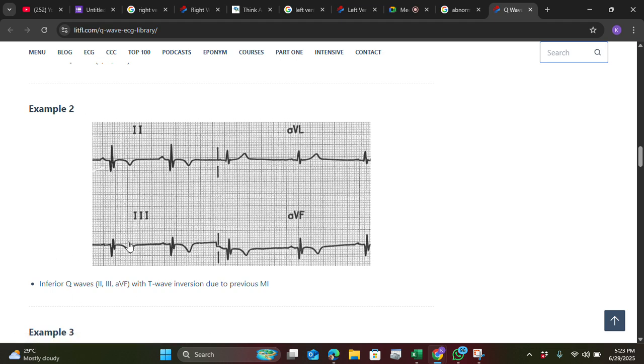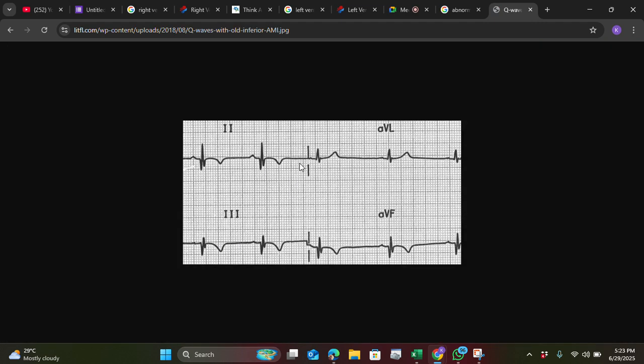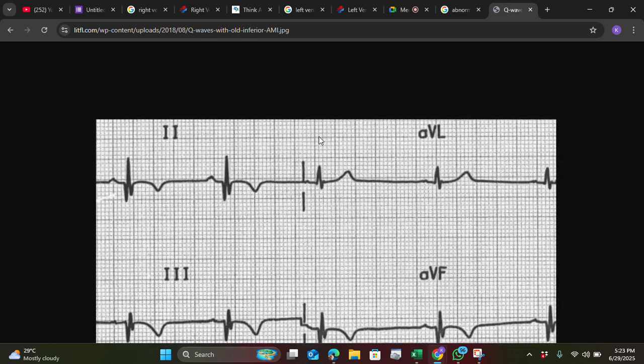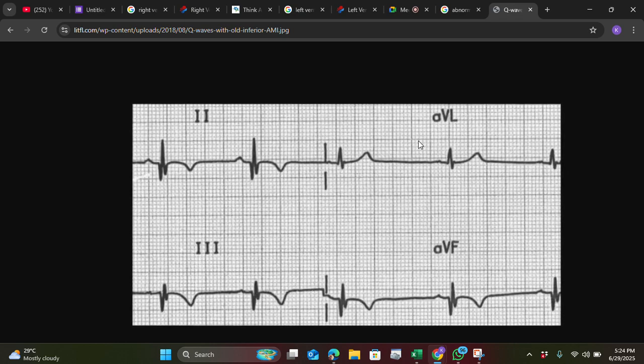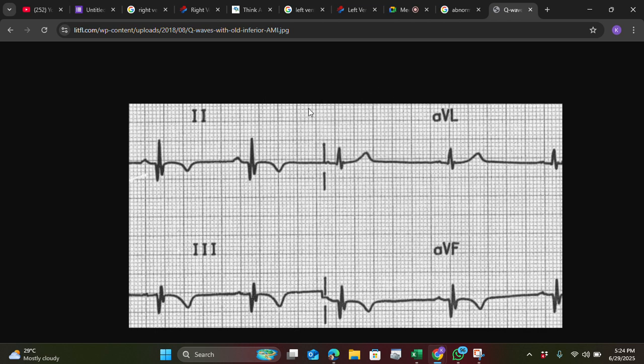QRS, lead 2, lead 3, and then AVF. Can you guys see what I'm showing you? Can you guys see this lead?